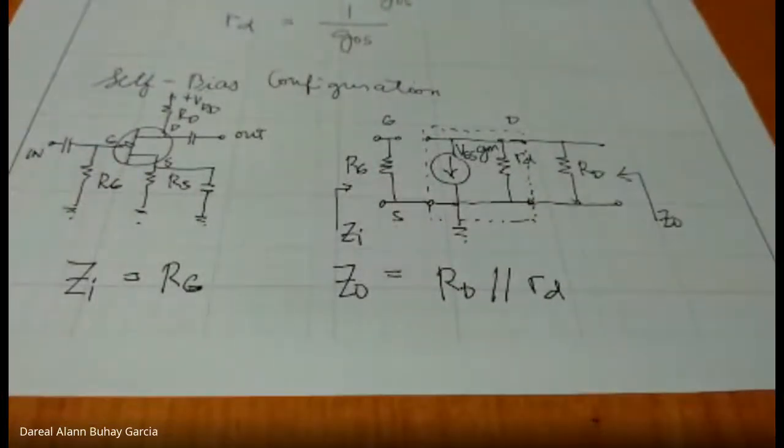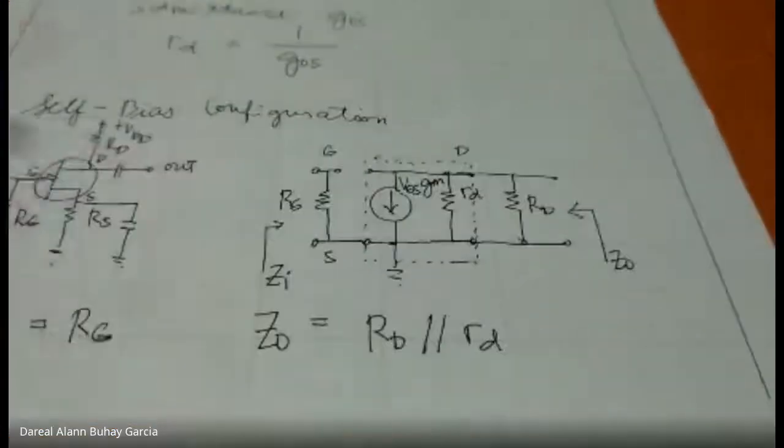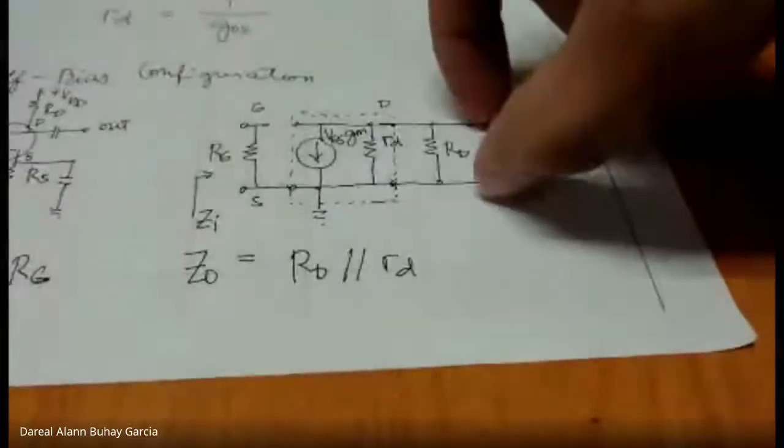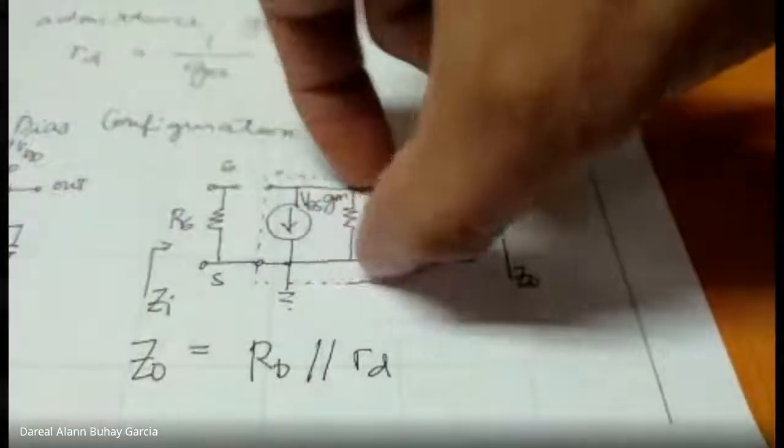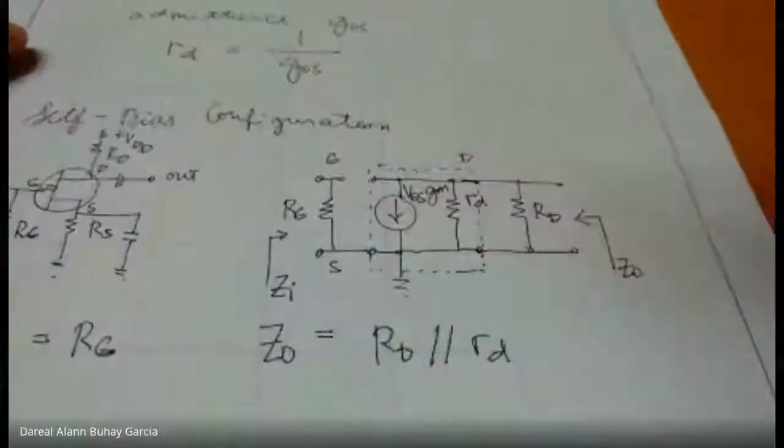Okay, voltage gain now. Voltage gain is VO over VI.